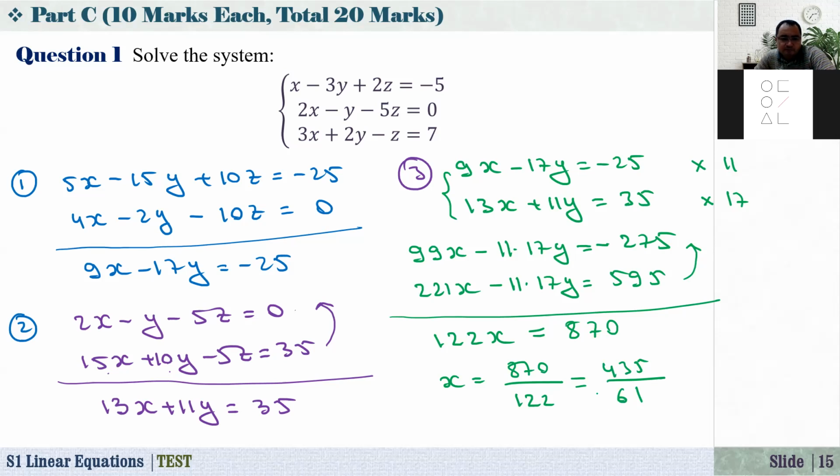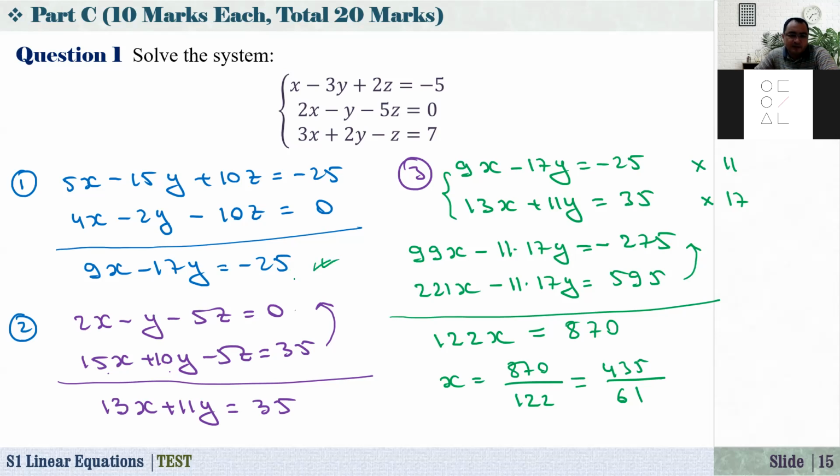Okay, but here we got a fraction. In this case, we need to have a quick look to see if we made any technical mistake or not. The first one, we multiplied by 5: 5 times 3 is 15, 5 times 2 is 10, 5 times 5 is 25. The second one, multiplied by 2: 4x minus 2y minus 10z is equal to 0. We are adding, 9x, minus 17y, minus 25.